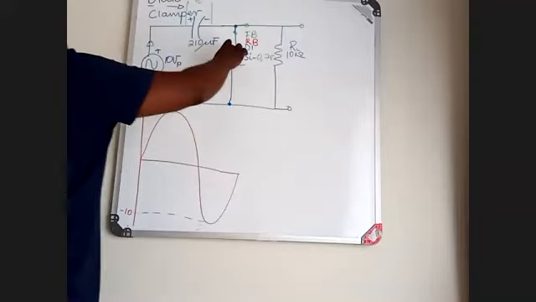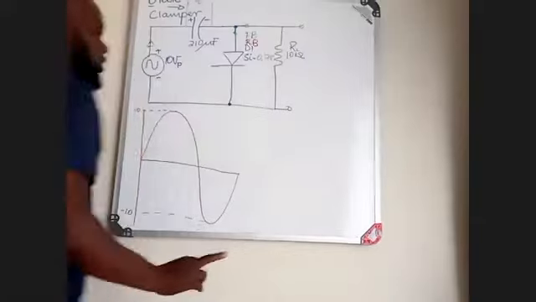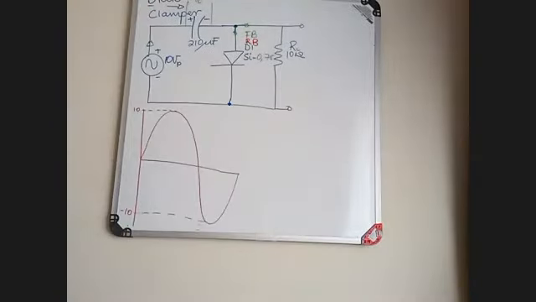Now, if this component is in forward bias mode, it's allowing the current to flow, which means the characteristics of the output need to happen within three conditions.